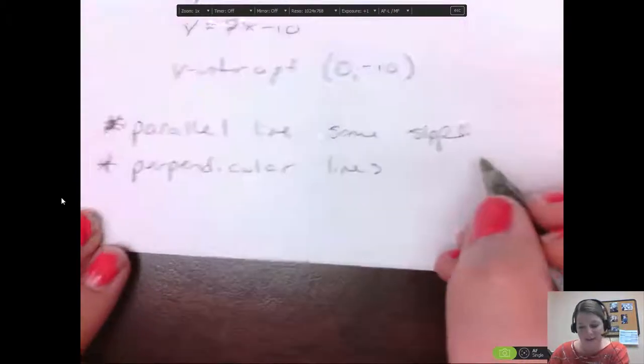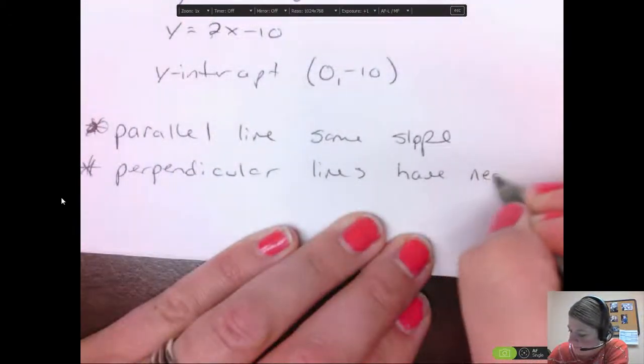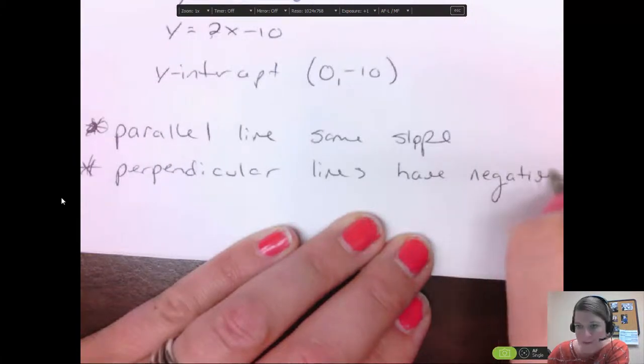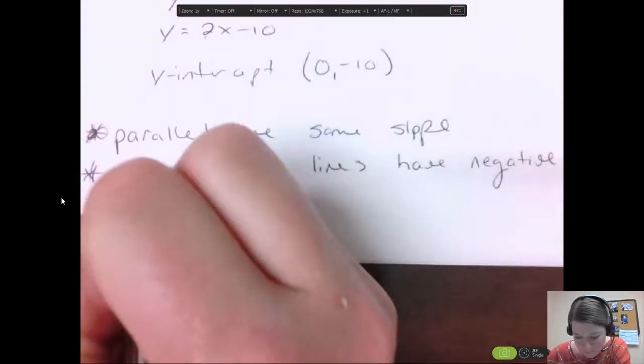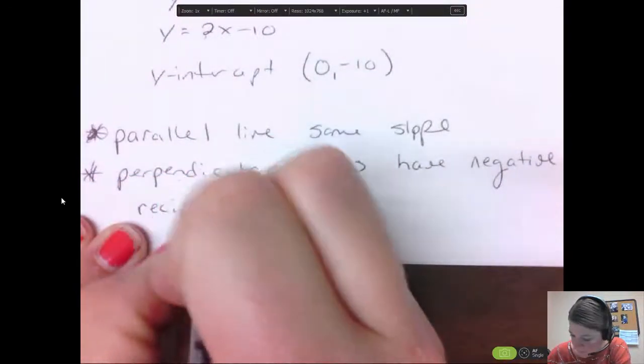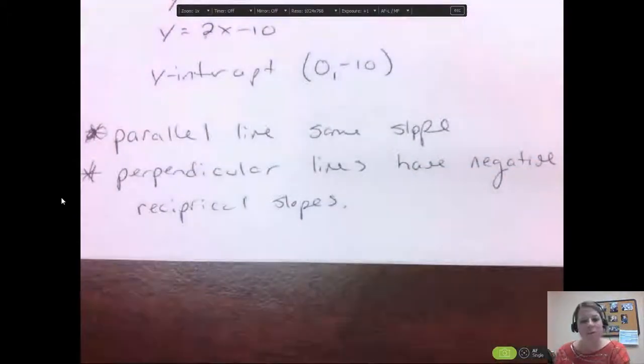So perpendicular lines have negative reciprocal slopes. So remember, reciprocal means to flip it over, and obviously opposite sides.